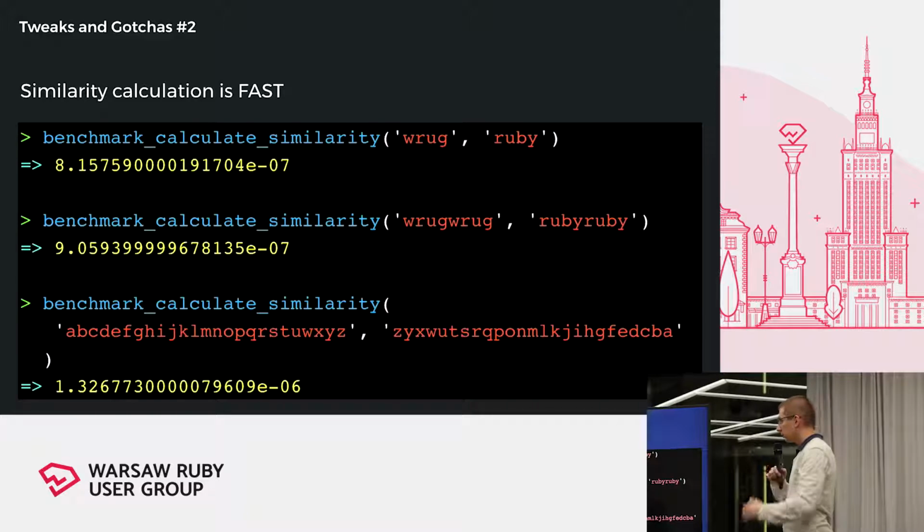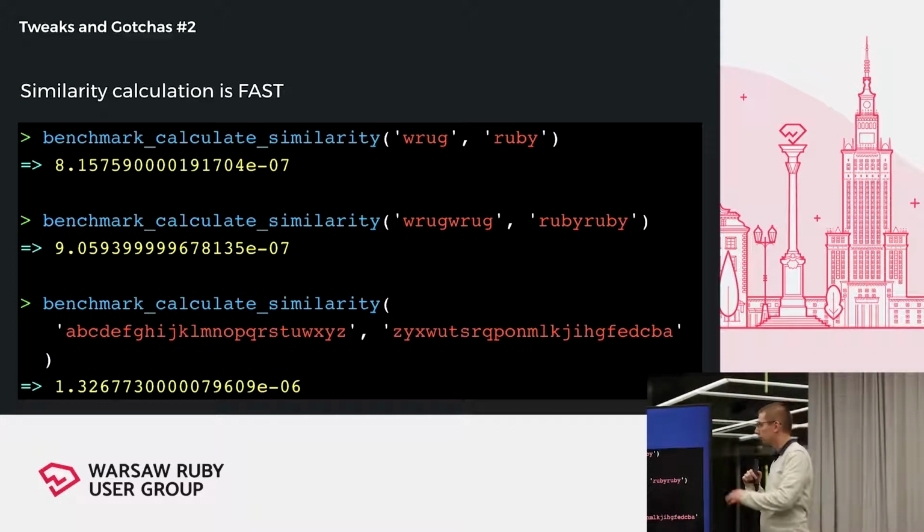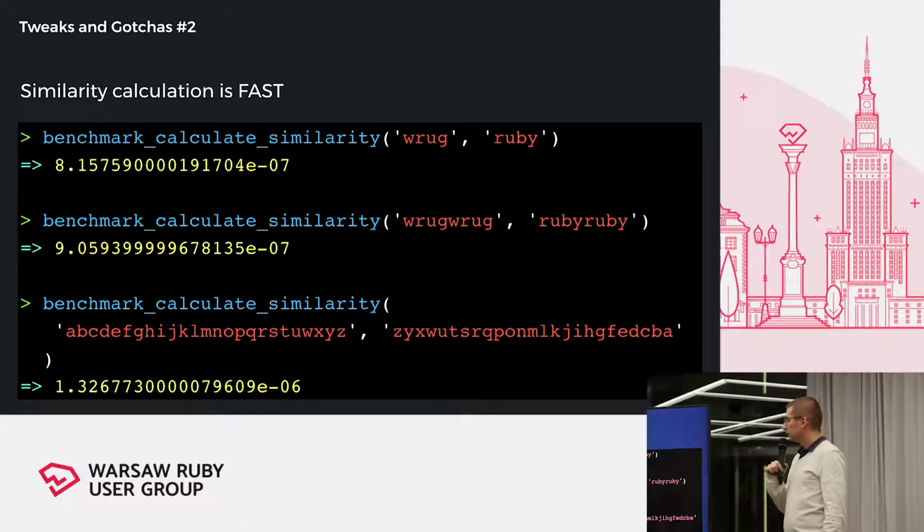Second thing, similarity, at least in the case of this gem, is very fast. This benchmark executes 1 million similarity checks and then divides the result by 1 million just to get an average. Let's assume we compare WRUG and Ruby. That's less than 1 millionth of a second for one comparison.